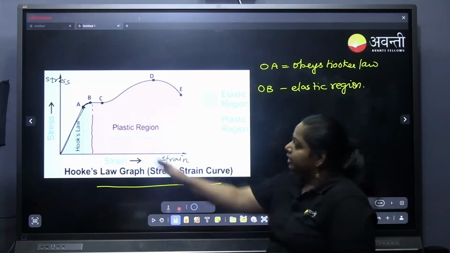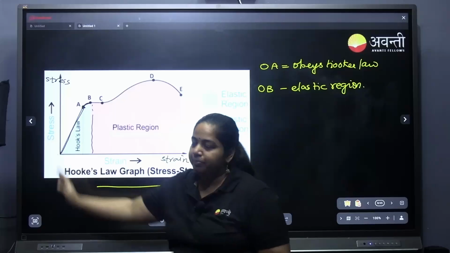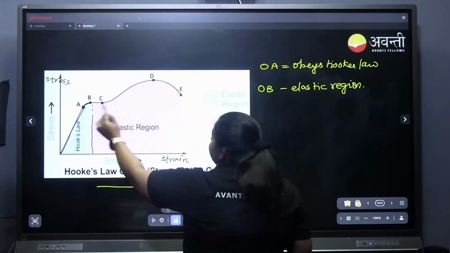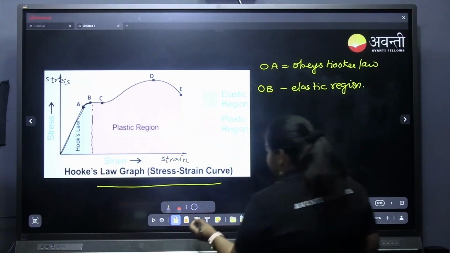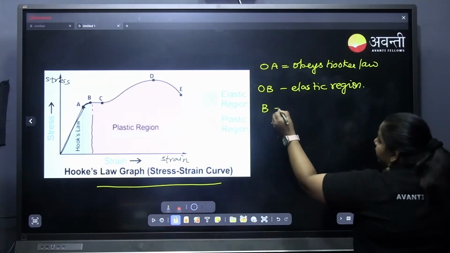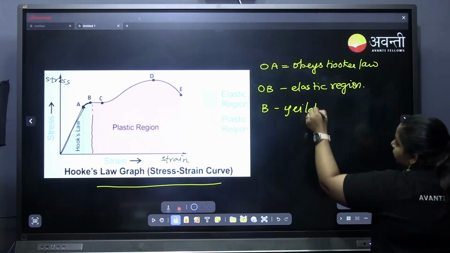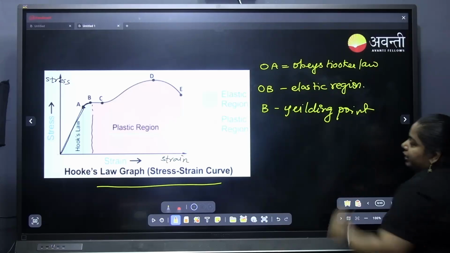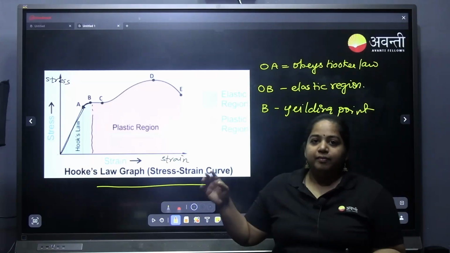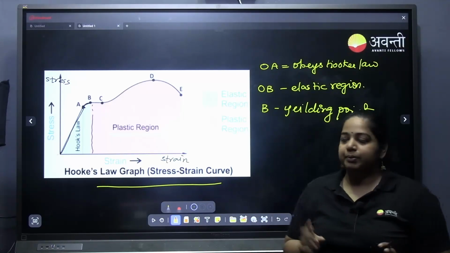So that's why the elastic region ends at B. Then B is called the yielding point. Yielding point means the maximum up to which we can get back to the original shape.